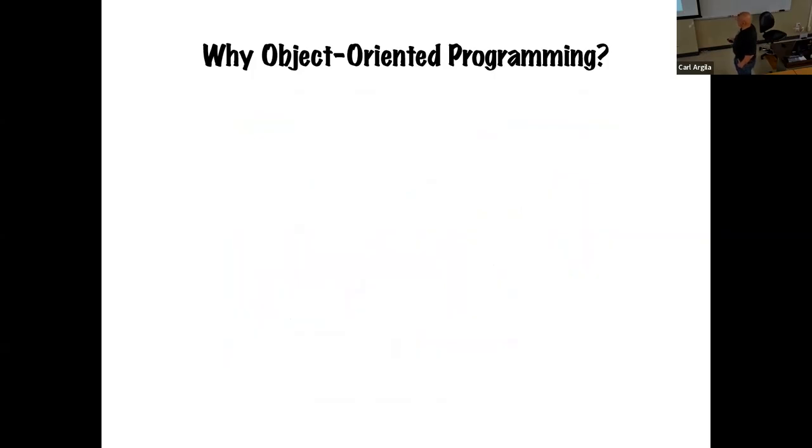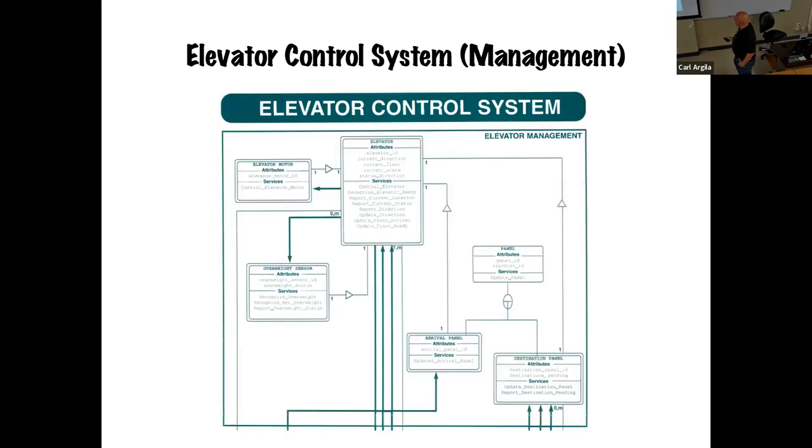Well, object-oriented programming facilitates reuse. You see, each one of these objects can be used independently in other contexts and in other systems. In fact, if you take this elevator control system and you change its orientation from vertical to horizontal, with only a few changes in the model, you've created a control system for a light rail system, where instead of floors, you have stations.